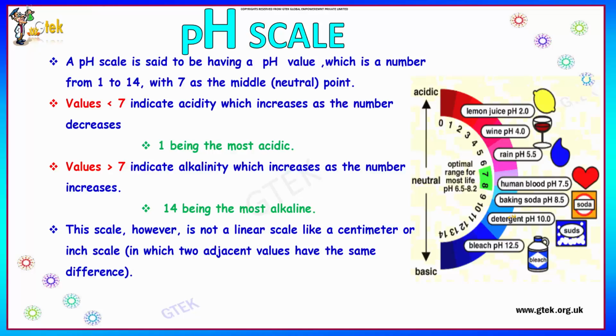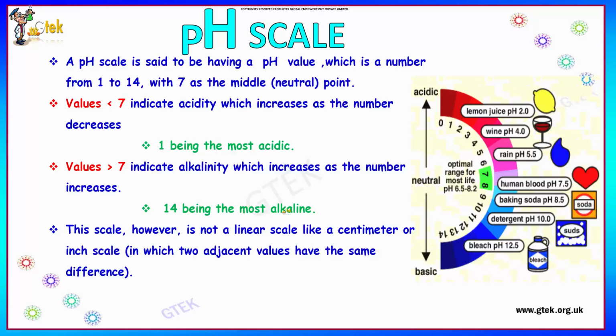So the pH value gives a neutral point to identify acidity and alkalinity, and the value of 7 is considered the neutral point. Values less than 7 indicate acidity, which increases as the number decreases.